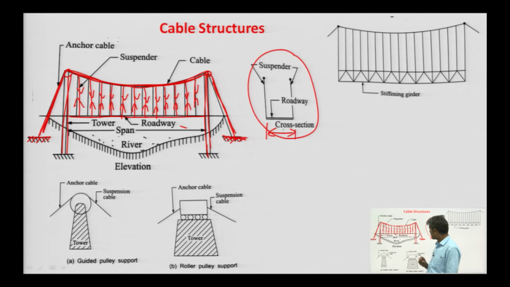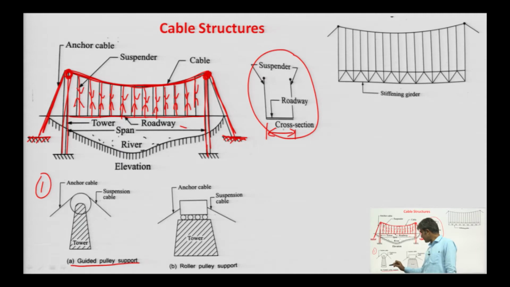Okay. One more thing in this structure is the arrangement at these points. Two types of thing can be there. First one can be arrangement by means of guided pulley support.